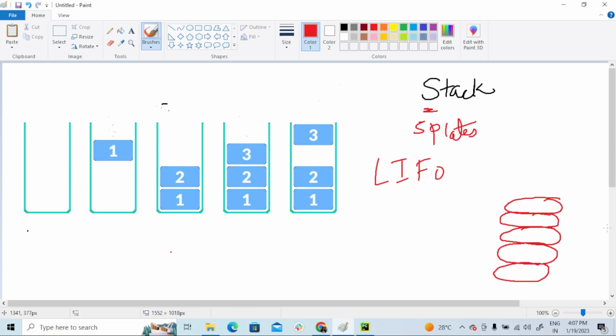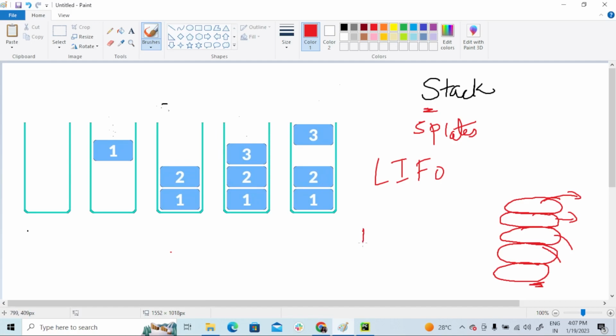Now if you want the plate at the bottom, what will you do? You must remove all the plates on top, right? First you have to remove this, then this, then this, and then this plate, and finally you are left with the bottom plate. This is exactly how the stack data structure works. Last in, first out.